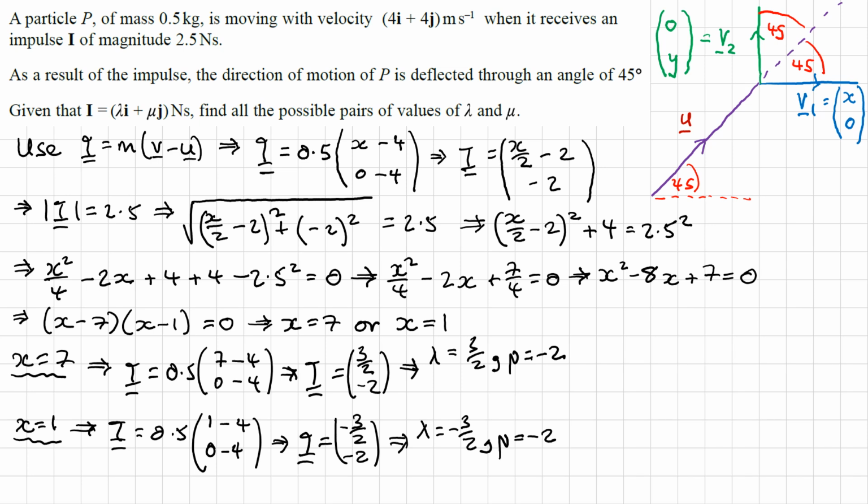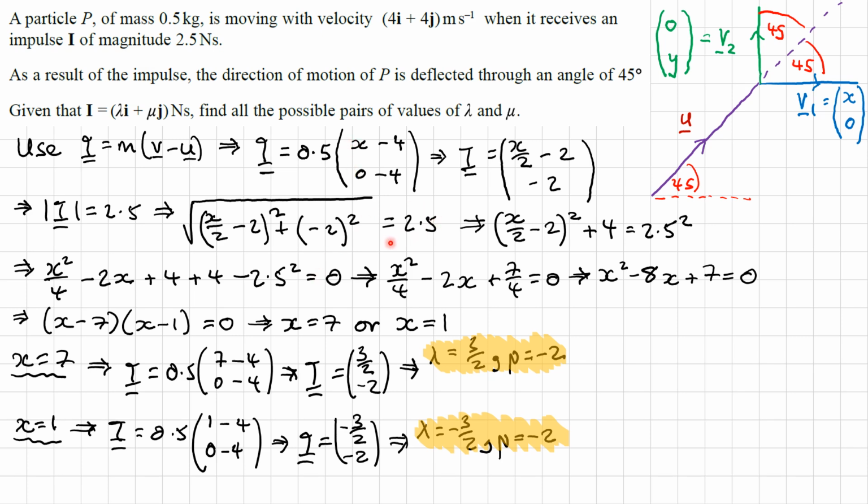Okay. Now, I could say, right, that's it, I'm done. But are there any other possible values for lambda and mu? And there are actually two more. I don't need to go through all this working again. But remember, I used V1 where I had x and 0. Now, if I had used V2, I'd have 0 here and y here.